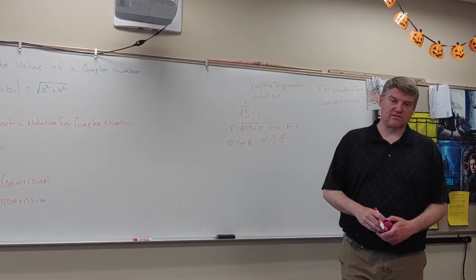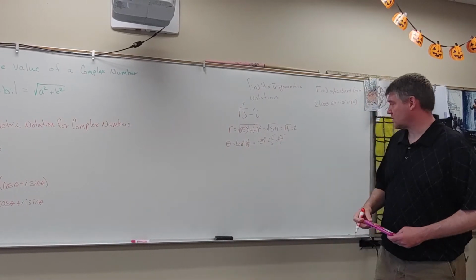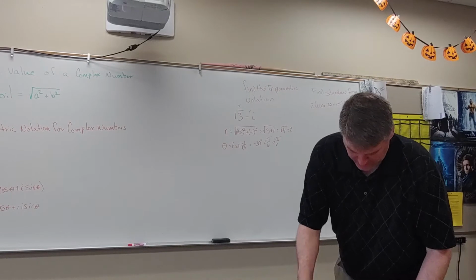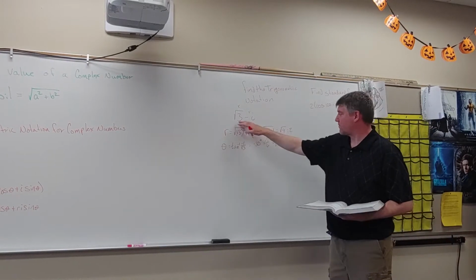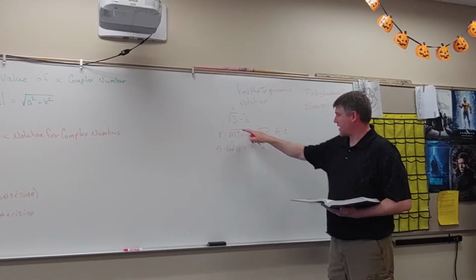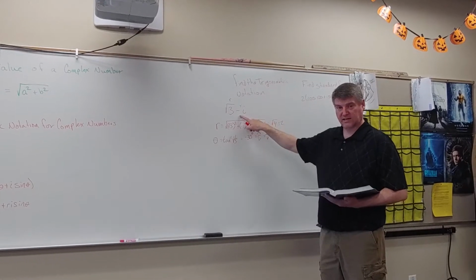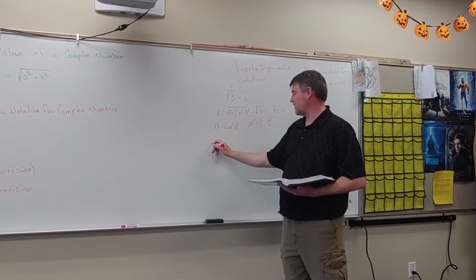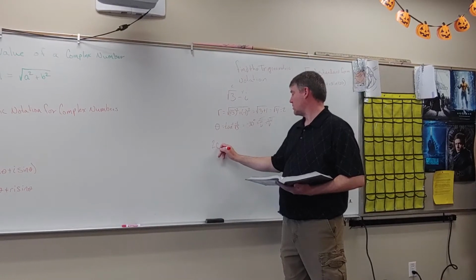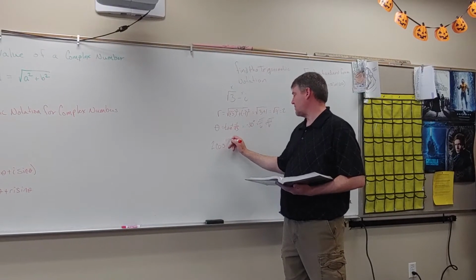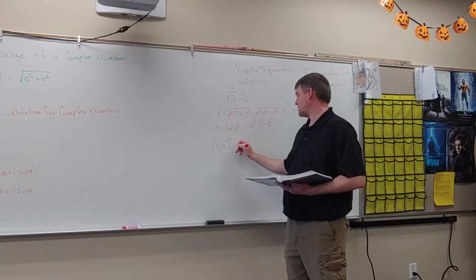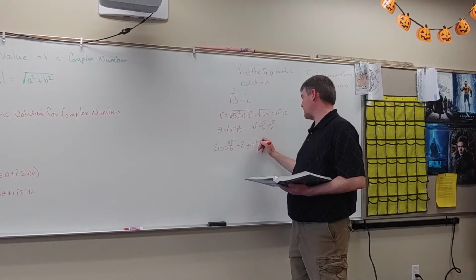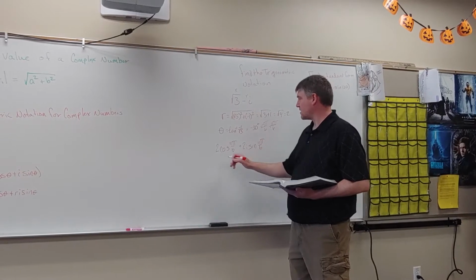There's one other instance for that. If we are in quadrant 4, we have this 11 pi over 6 because we have a positive x and a negative y, so we're in quadrant 4. So we now have 2 cosine of 11 pi over 6 plus 2I sine of 11 pi over 6.